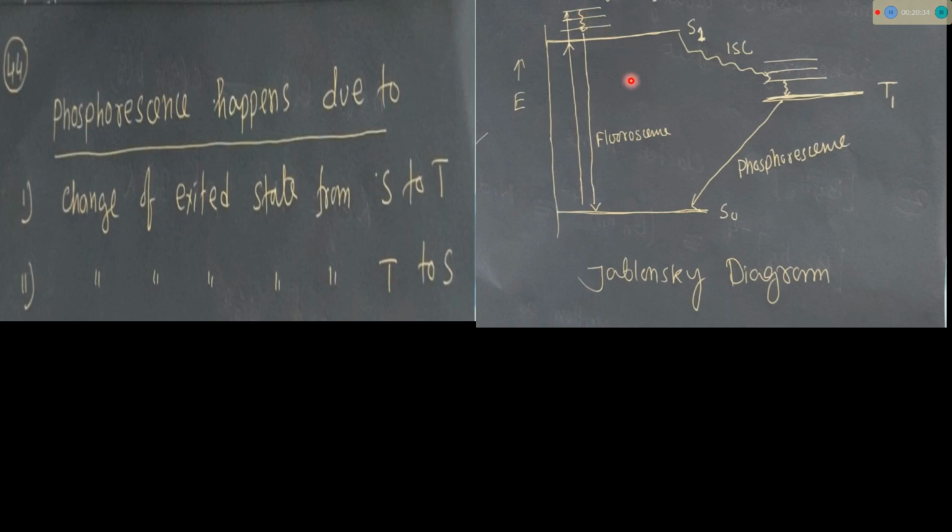From this vibrational state to this vibrational state, if deactivation occurs, this is called vibrational cascade. Now we all know that from singlet state to triplet state a spin change will occur, via intersystem crossing.